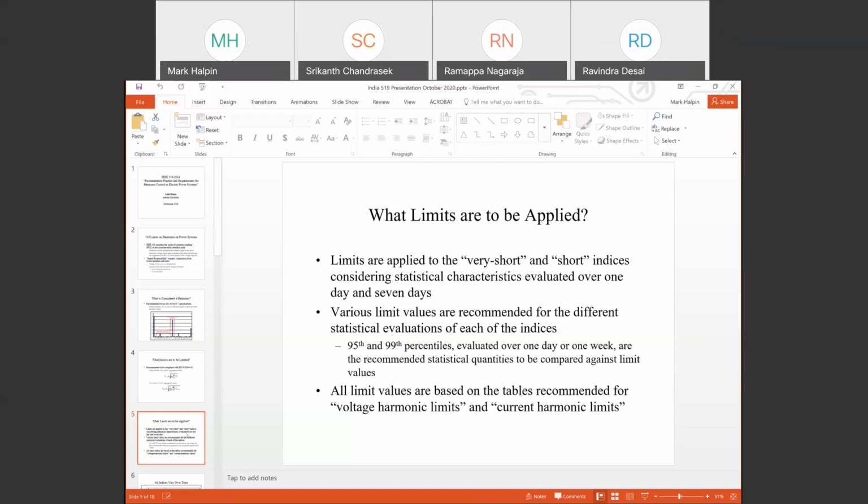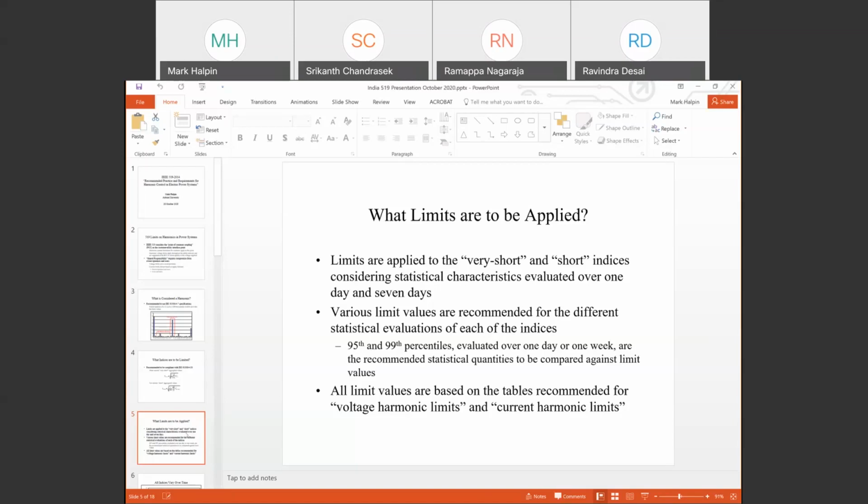No. We look at a statistical characterization of the 3-second and the 10-minute numbers over a day and over a week. What that means is, in order to apply the limits that we're going to talk about, a whole day and a whole week of consistent non-gap measurements are required.